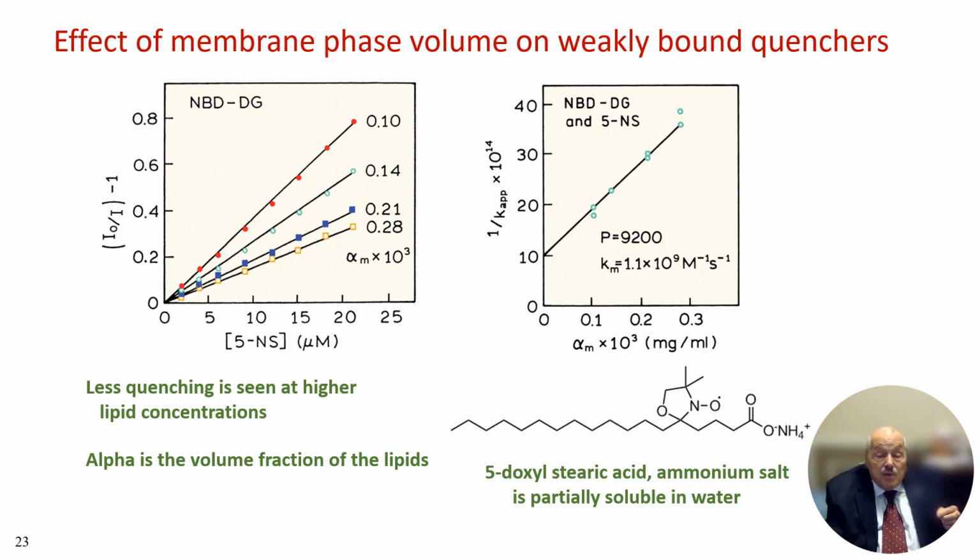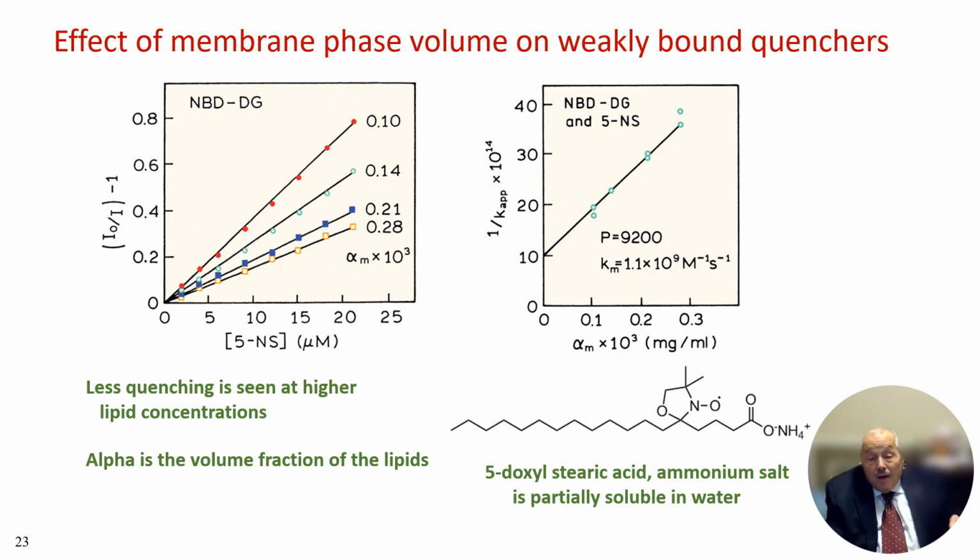And if you look at the quenching of an NBD derivative with the doxyl stearic acid, you find that it depends on the membrane concentration. That's what this alpha value is meant to be here.